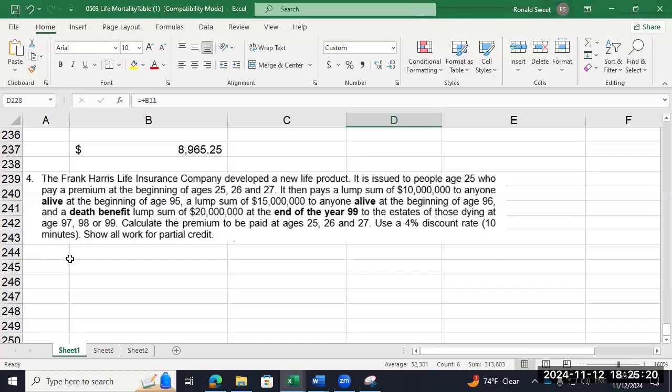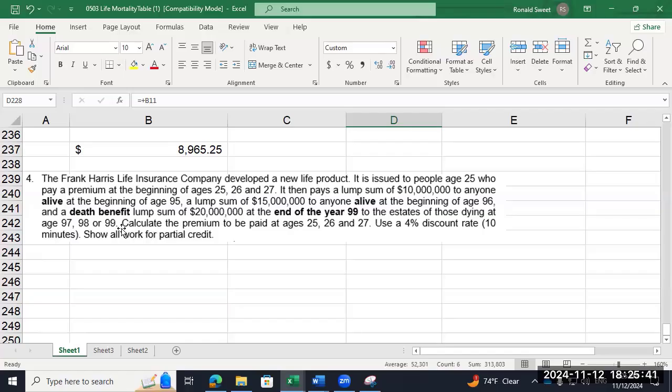This last part is pretty tricky. You're gonna pay 20 million at the end of the year 99 to those dying 97, 98, or 99. So people alive at 96, they get a benefit.